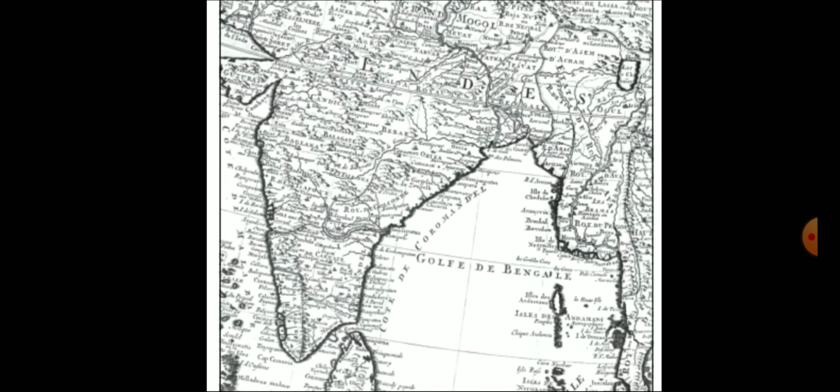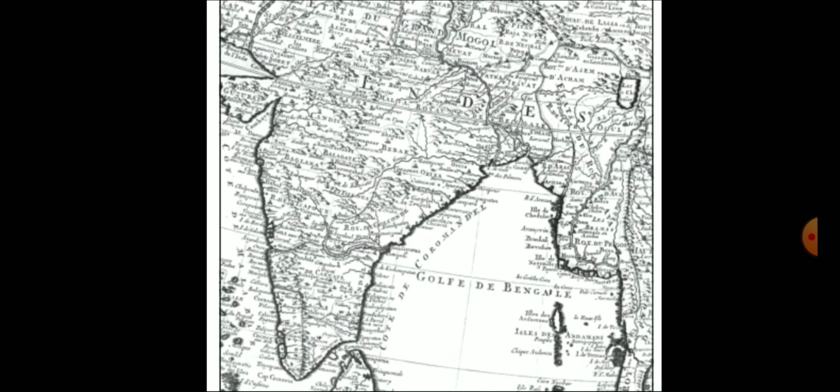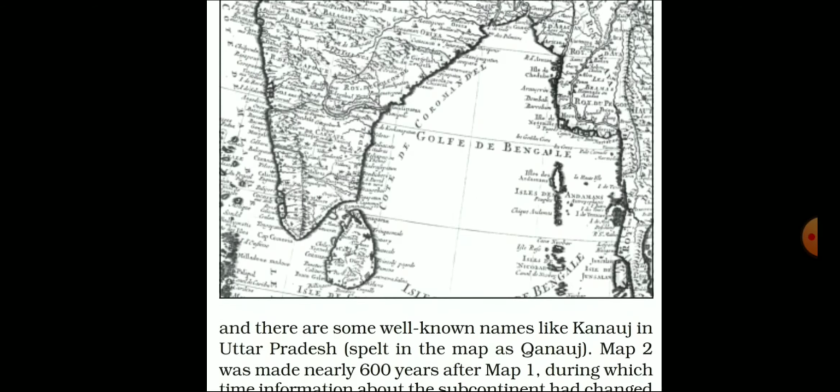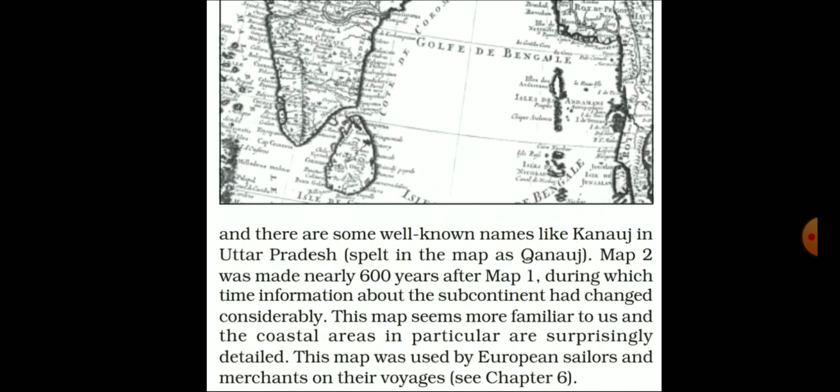Here is the second map that you can see, prepared by a French cartographer. There are some well-known names like Kannauj in Uttar Pradesh. Kannauj, about which we have learned in class 6, a place where Harshvardhana ruled.